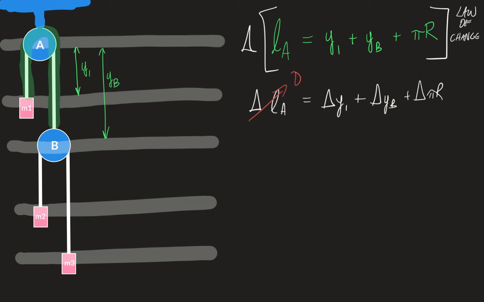We know that much. It has to be that way. And we know that the curved part, the change in that half circumference, is not going to change. It's going to keep being one value, whatever pi r is. So the change in that thing is 0. So now we could write delta y1 equals the negative of delta yb. Or we could say their sum is 0. In fact, I think I'll do that.